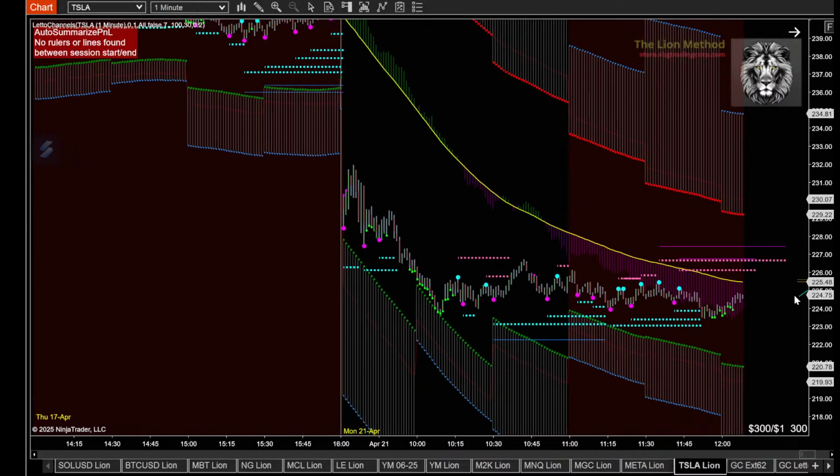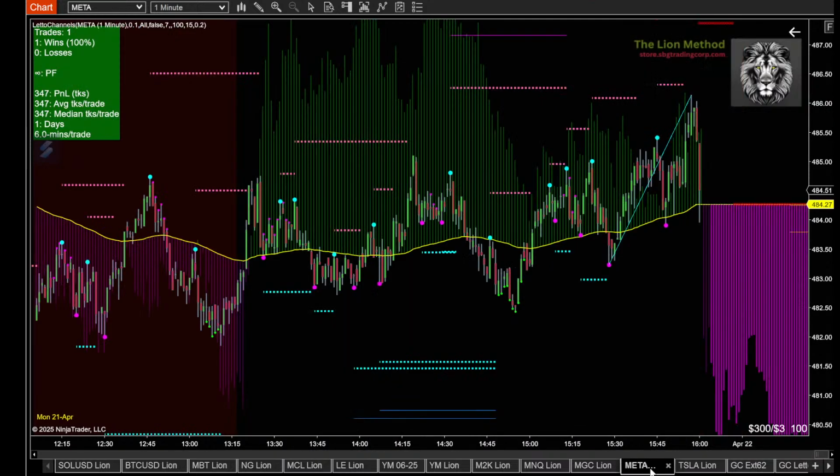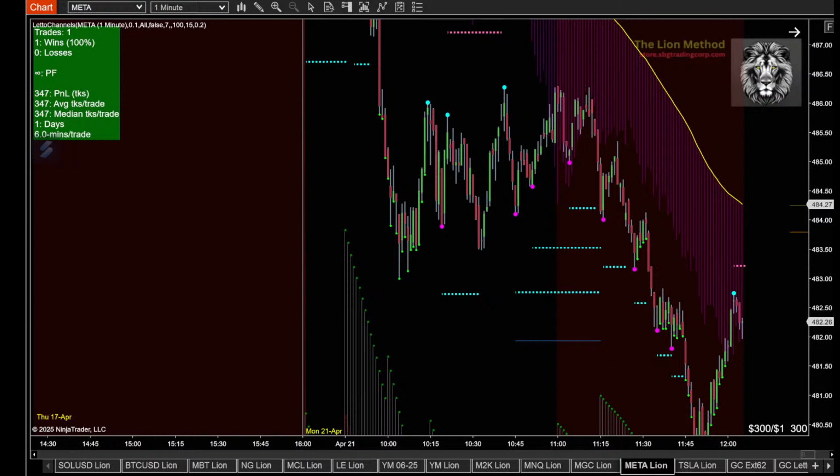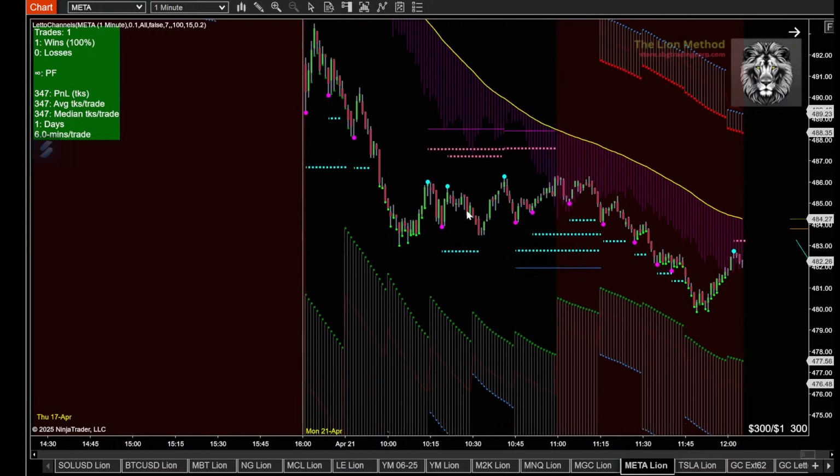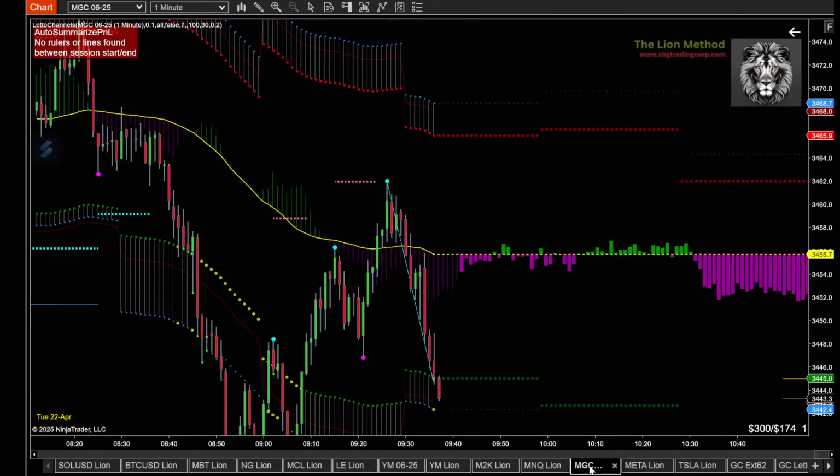Let's take a look at some old data here. This is Monday's action on Tesla. We didn't really hit oversold on anything, so that didn't have anything really. All right, and really nothing hit oversold on Meta either. Really nothing going on there.